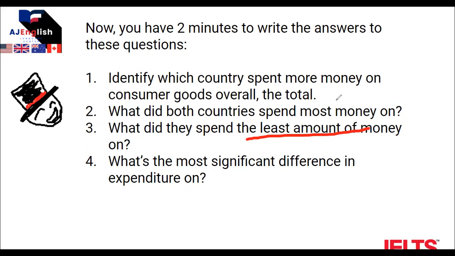What stands out? Well, number one is where they spend more money, both of them. Number two, what did both countries spend most money on? And then the least amount of money, right? And then another feature would be the greatest difference. Yes.